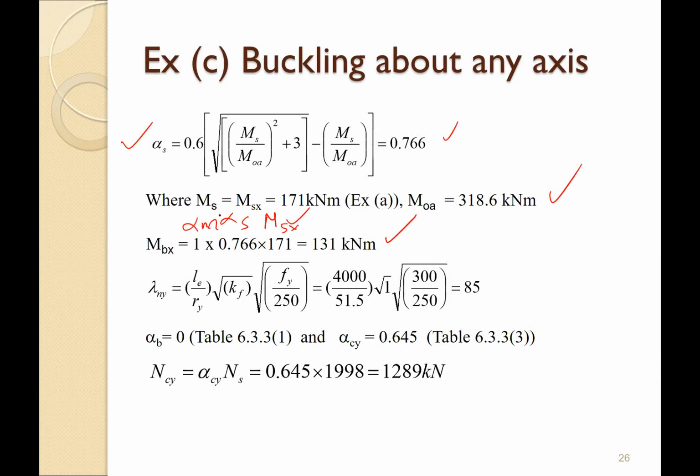Next, once you allow out of plane deformation, there will be out of plane buckling instead of in plane buckling. That means now all the buckling will occur about the minor axis. So lambda ny calculated now is 85. And then alpha b equals 0, alpha cy is 0.645. So NCY is given by this.